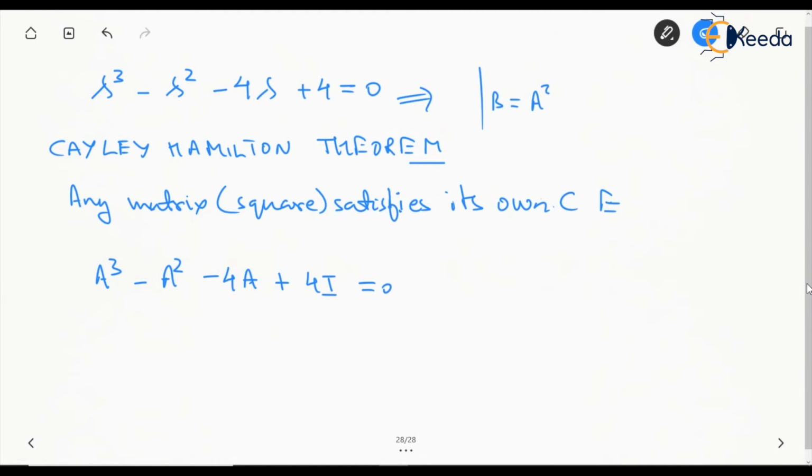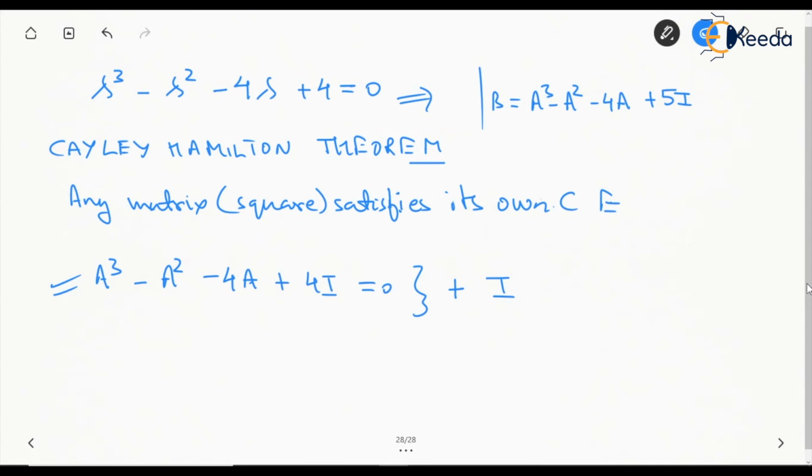A cube minus A square minus 4A plus 5I. This is B. Now if you see, compared to this, B is nothing but this expression plus I, right?